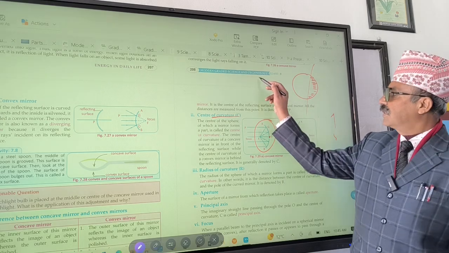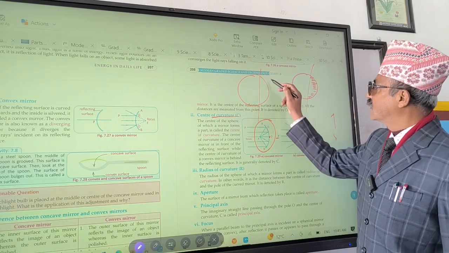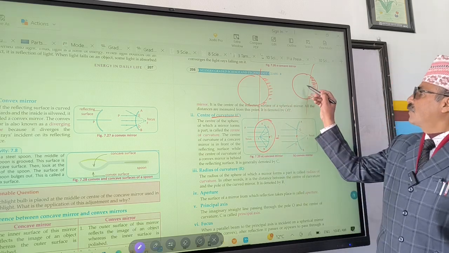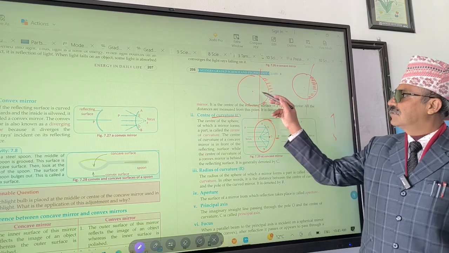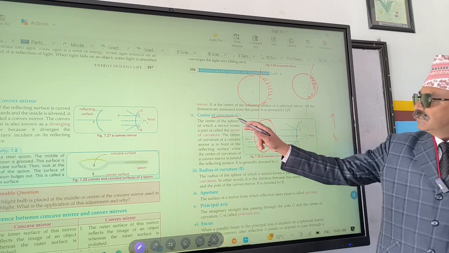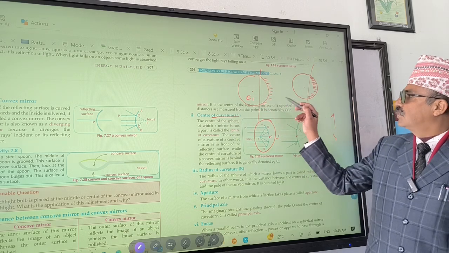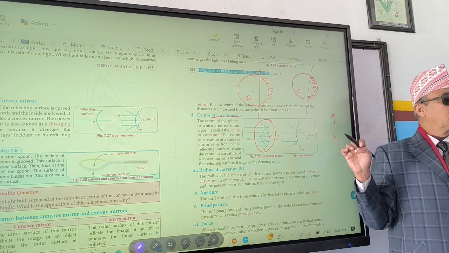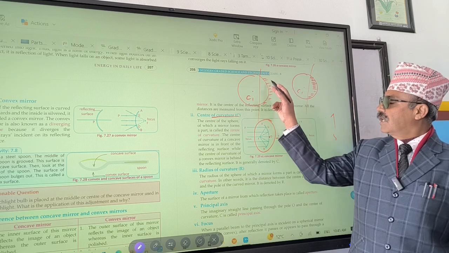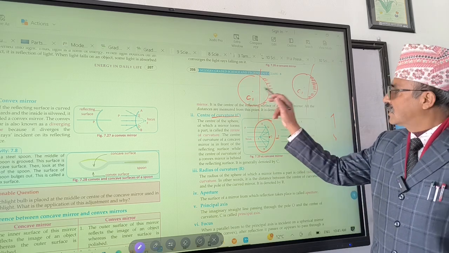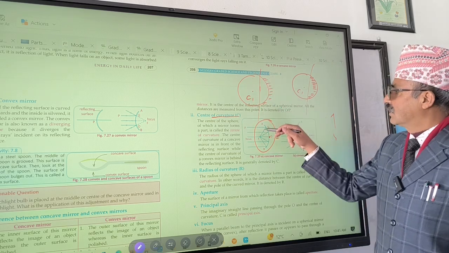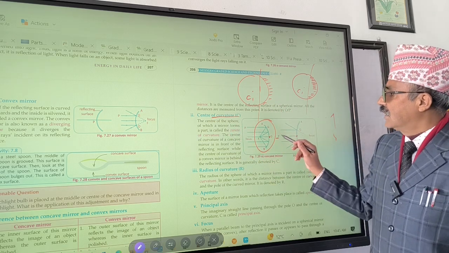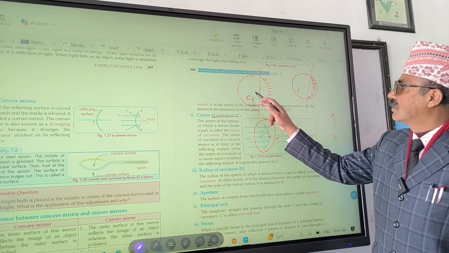Another sphere: if the outer part is polished, then it is a concave mirror, right? And this sphere has one center. What is that center called? Center of curvature. And what do we use to denote it? C. The center of the imaginary sphere of which the mirror forms a part is called the center of curvature, and it is denoted by the letter C.